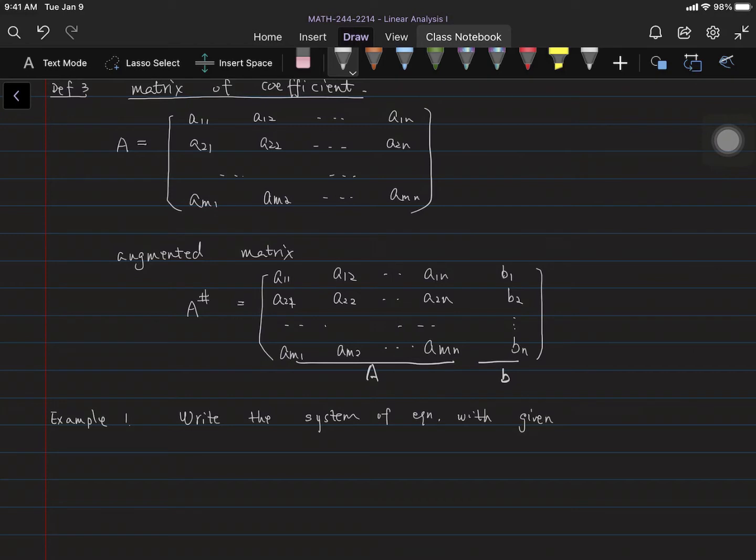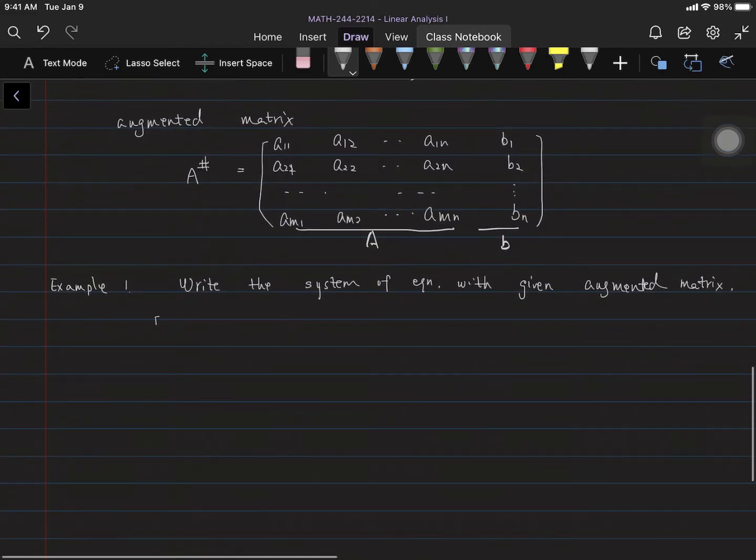That means the augmented matrix is given. We want to write out the linear system. Let's take a look. The augmented matrix is given by that one. So 1, 2, 9, negative 1, 1. 2, negative 3, 4, 2, 3. 1, 3, 5, 0, negative 1.